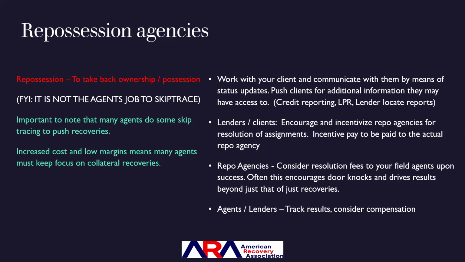Now, there is a major lender in the United States, one of the largest lenders, that has started to pay for resolution rates. So they take the repo and resolution, combine it as one, and based off your scorecard, there are different tiers. That's fairly new, so it is a work in progress to see if it's going to yield results.